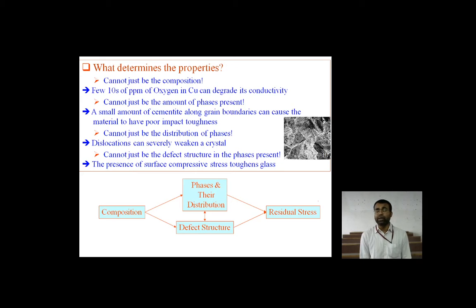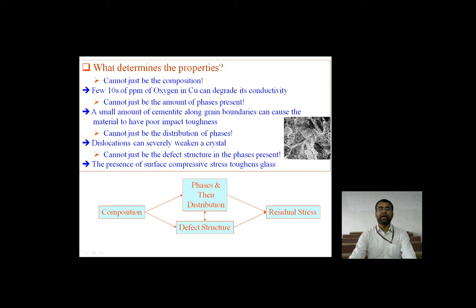It is not only by a single thing, such as including a certain percentage of a component, that the property of the material will improve. That is not how it works.